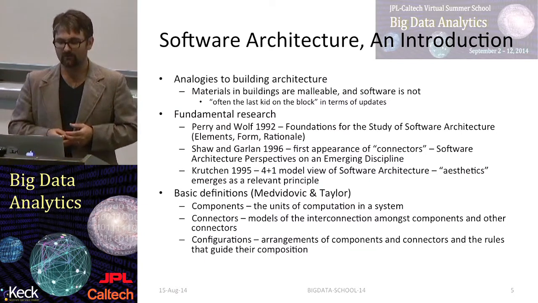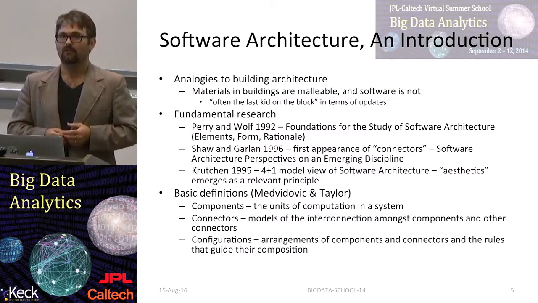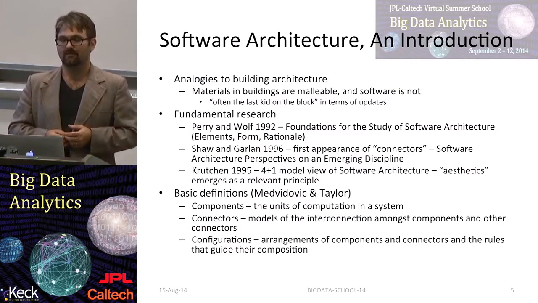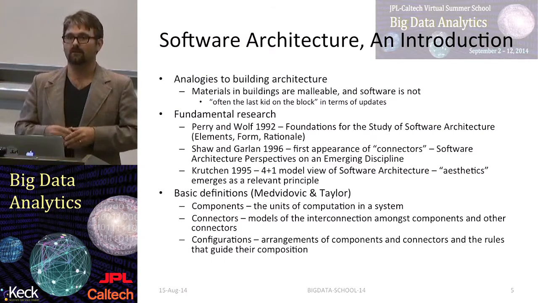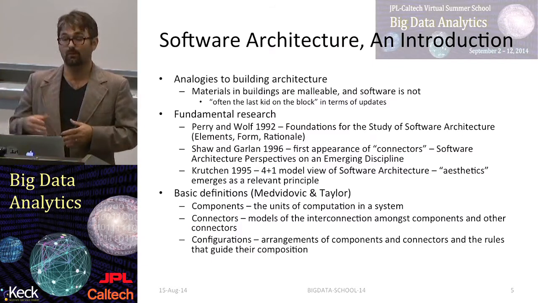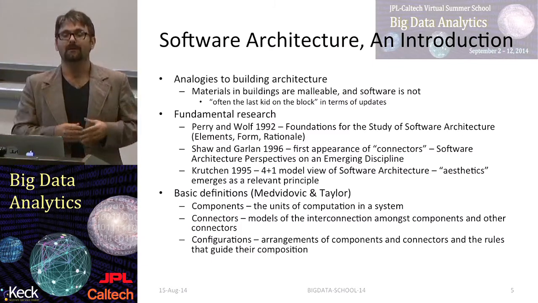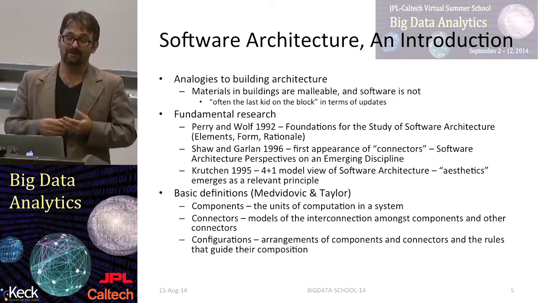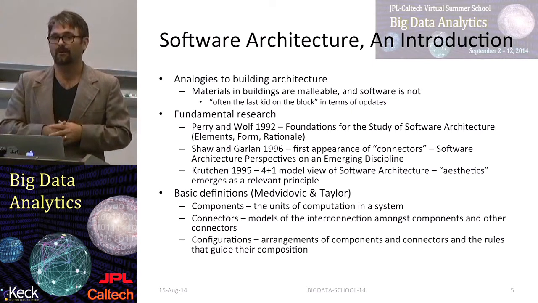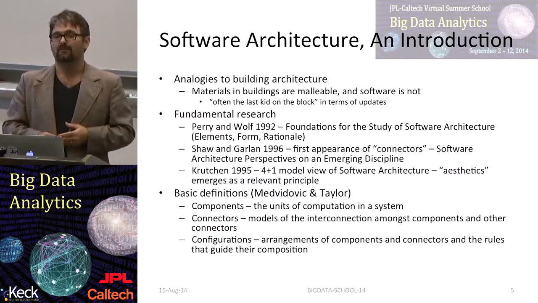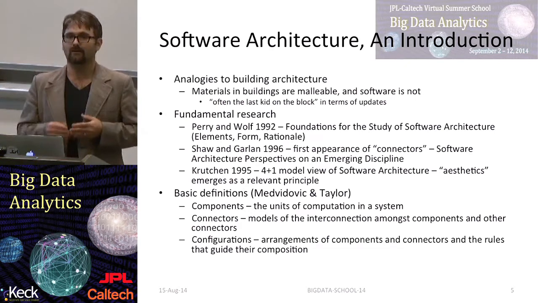Where Kruchten added something is he stated there's a lot of aesthetics to software architecture. What might be a good architecture to me, where I'm maximizing some particular properties, extensibility, composability, reliability, may not necessarily be a good architecture to you. You may care more about its capabilities in terms of data conversion or its flexibility in terms of the interaction protocol.